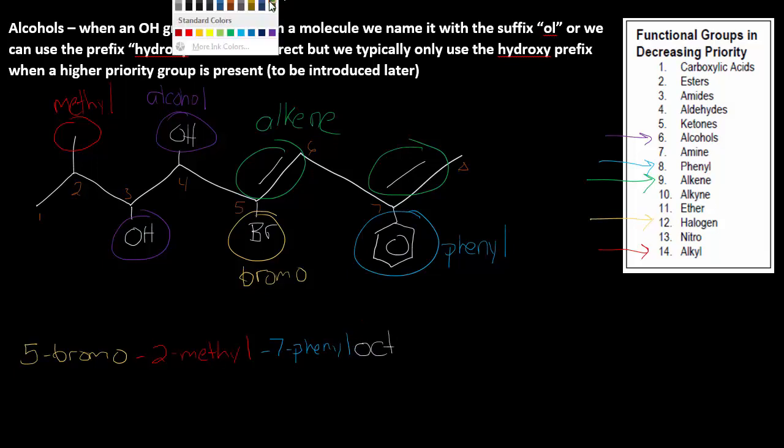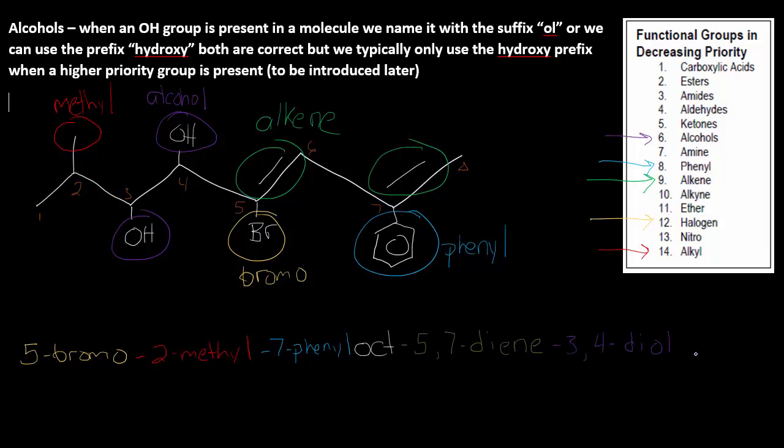So it's oct, 5,7-diene, because the alkenes occur at 5 and 7, dash 3,4-diol. The highest priority group, the alcohol, gets the suffix of the name. So the diene has to be sandwiched inside the name. Good luck.